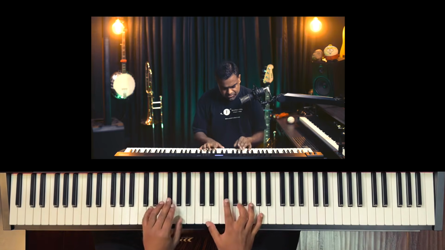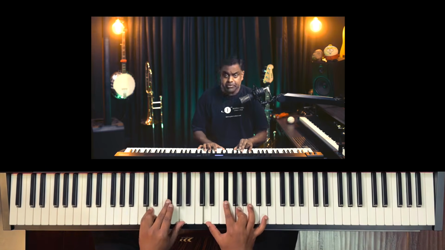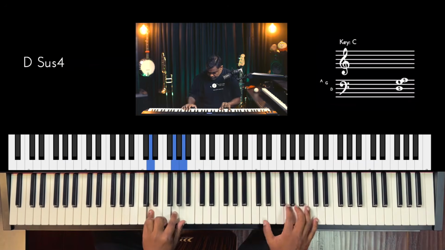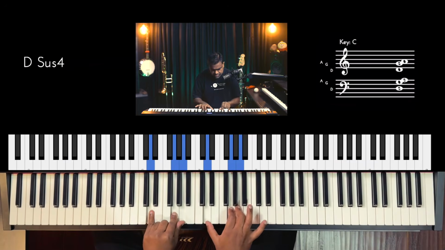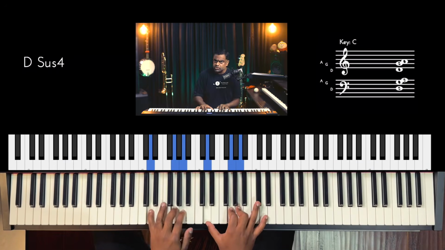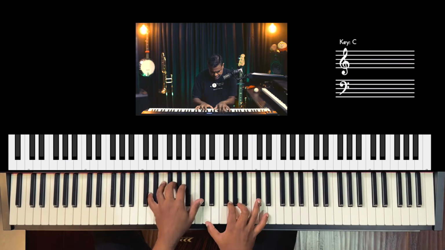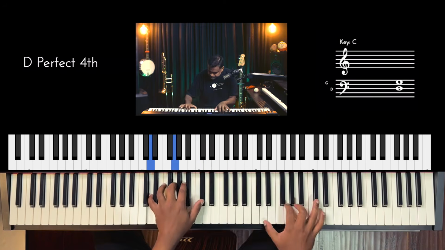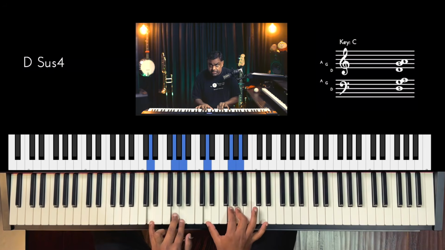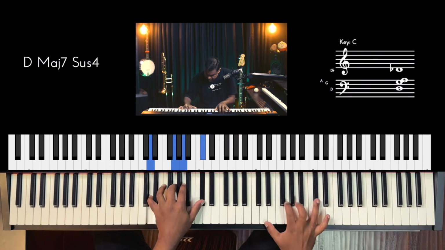But before that, let's finish off suspended chords, which I like a lot. So D major, first of all, to get it to be suspended, this is sus 4. So D sus 4. So same old story, D major 7th, sus 4, which is a suspended triad plus a major 7th.